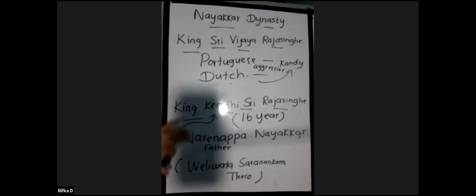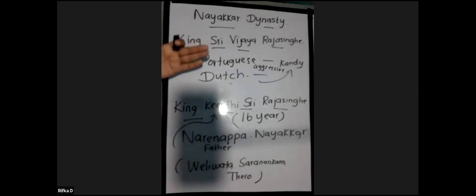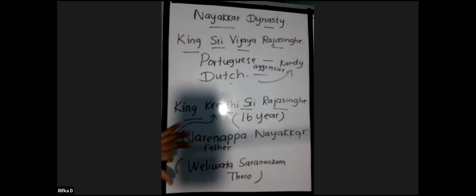According to the instruction of Valivita Saranankara Thero, he also rendered many services for the betterment of Buddhism. At the time, the relationship between the Dutch and the Kandyan kingdom also collapsed. After that, Kirti Sri Raja Singha died without leaving a royal heir to the throne.